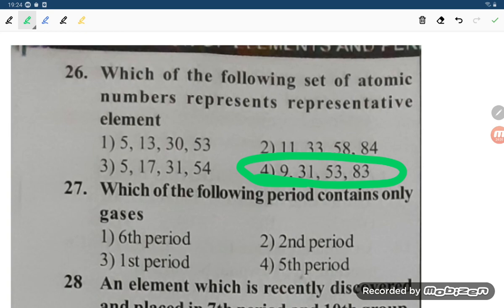These are representative elements, students. Okay, so 9 is fluorine, then 31, then 53 and 83. Okay, so let us move to another problem, students.